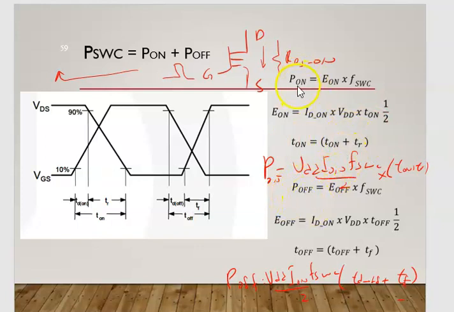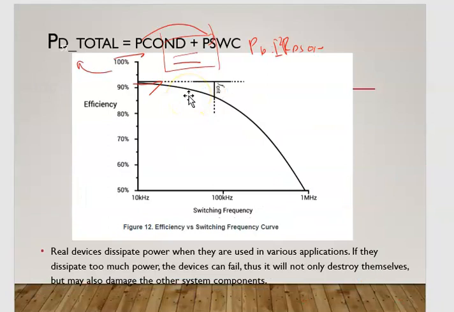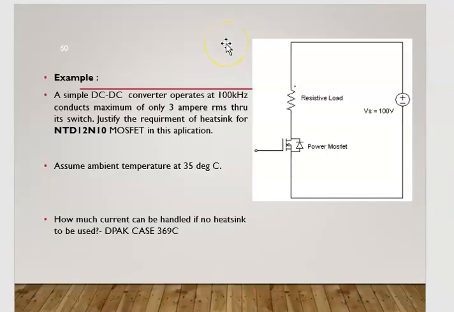So the total for switching on and the total for switching off, the losses: energy off here, energy on here. This is your P on and P off, the switching losses. Then you add up with your conduction loss, so you will get your total PD. So P conduction plus P switching is your total PD.